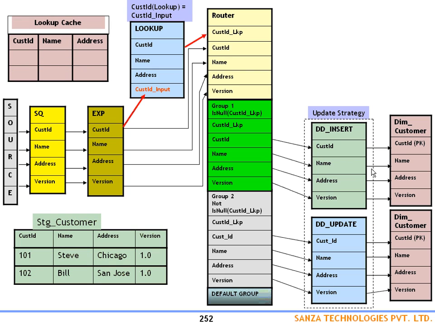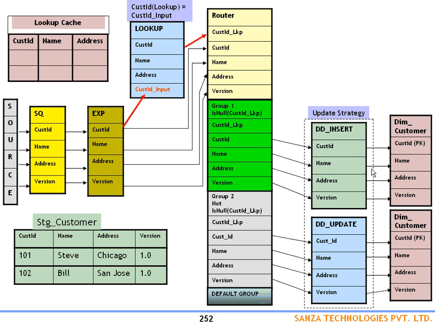As soon as we execute this mapping, the Informatica server goes to the source and gets the data. If you have a lookup on a table, it will go to the table on which you are doing the lookup and get the data. For example, the first time there is no data in my dimension customer table, so there is no data in the cache.